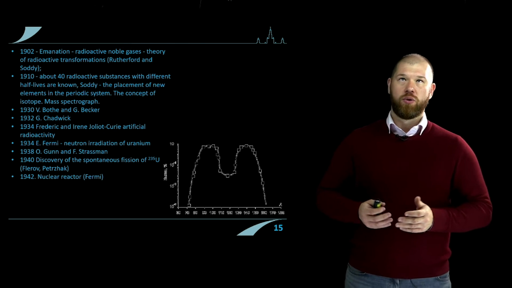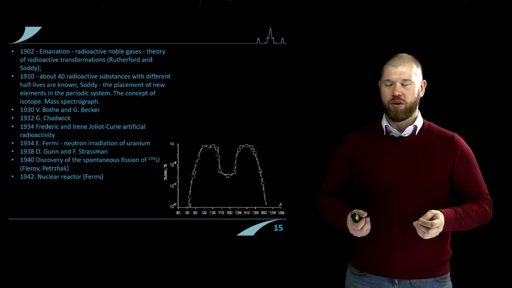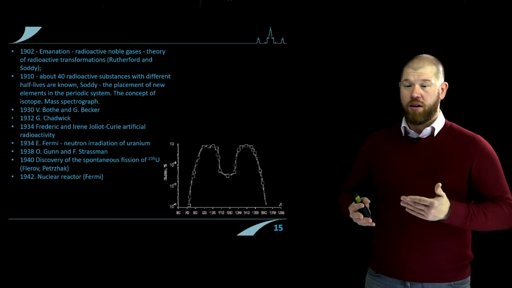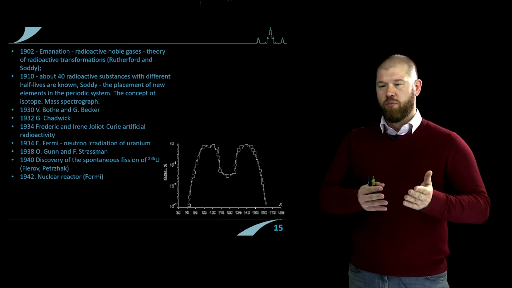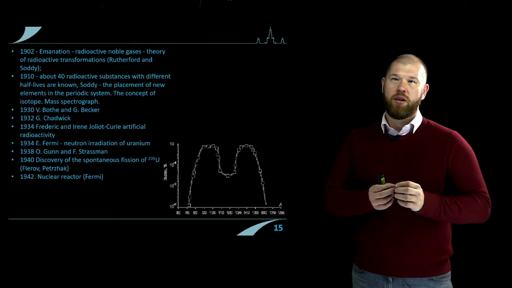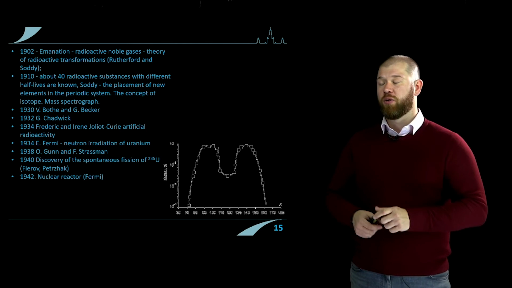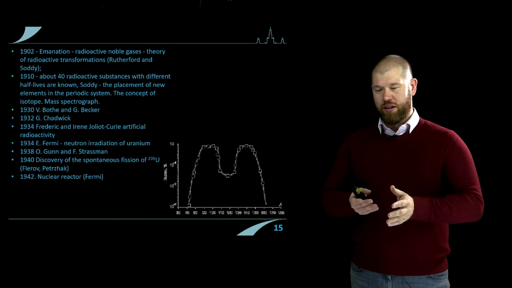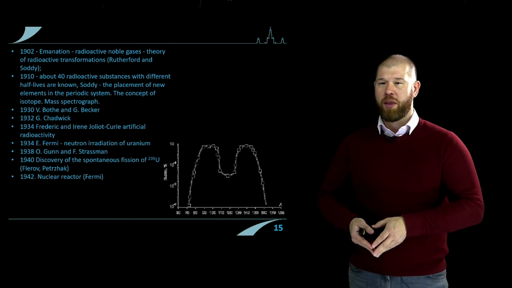It was not easy to understand at that time what was happening, because all the known types of radioactive decay changed the nucleus only by a very small difference in charge, -1, +1, maybe -2 in the case of alpha particles. So you always produce elements located near the parent radionuclide.